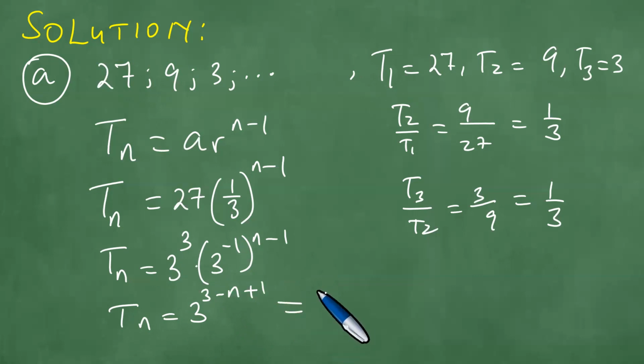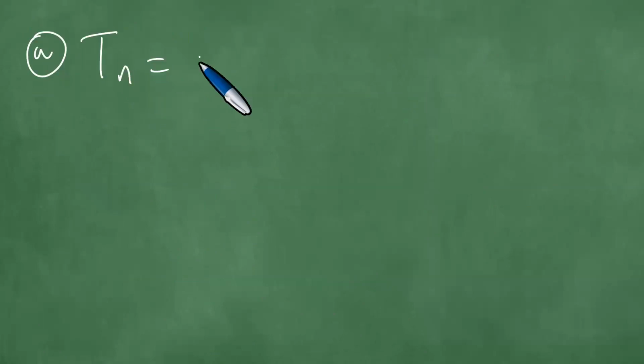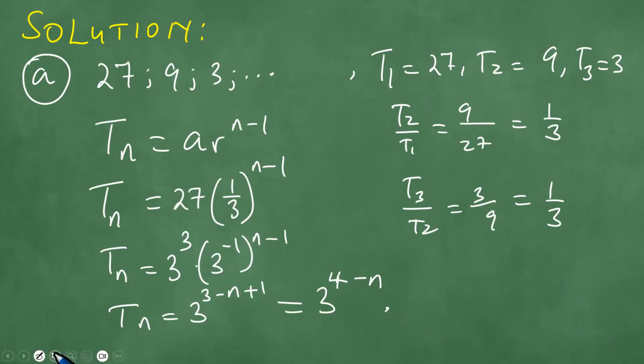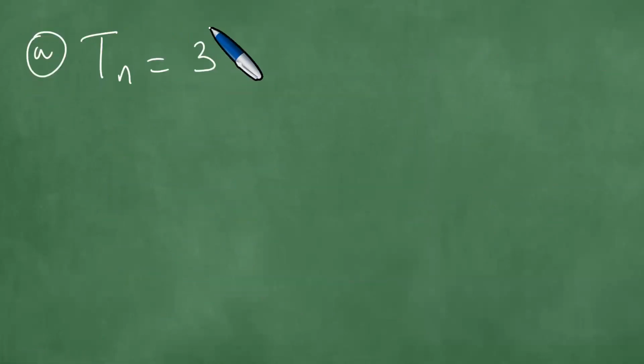And this is the same as 3 to the power, what is 3 plus 1? It's actually 4 minus n. And therefore, this is exactly the formula for Tn. In other words, for the A part, our Tn formula is 3 to the power 4 minus n, and we're done.